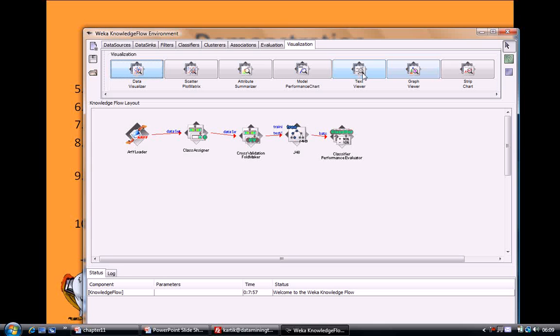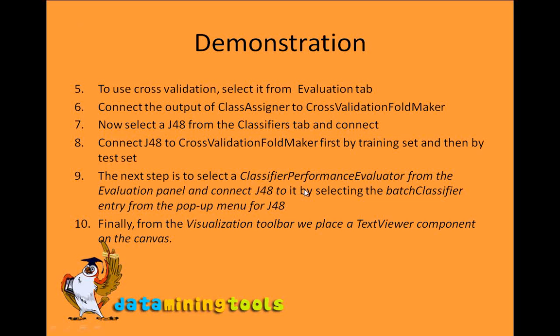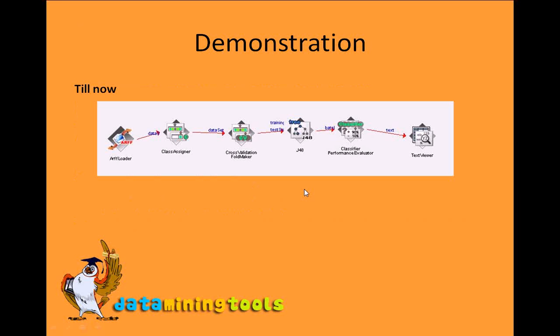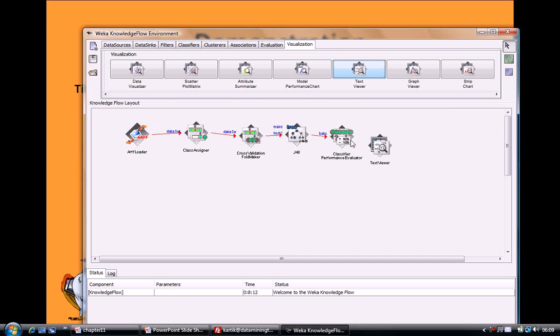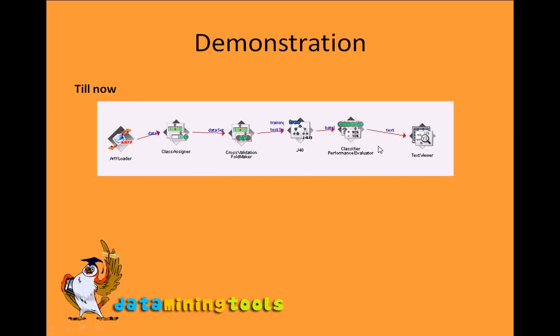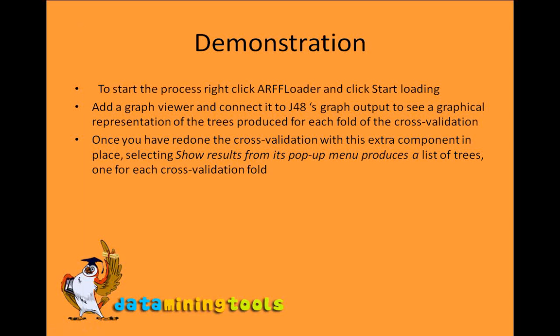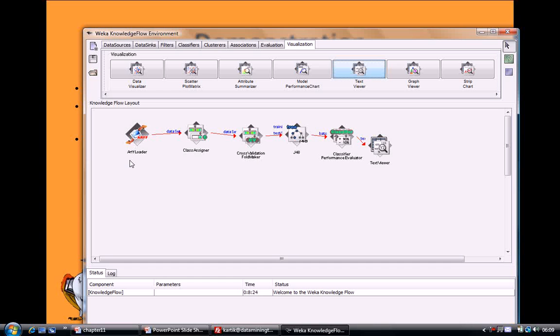We select the text viewer, place it on our canvas, and we'll be connecting our classifier performance evaluator to this text viewer using the text option, and here it's connected. Now we are ready to run the process.